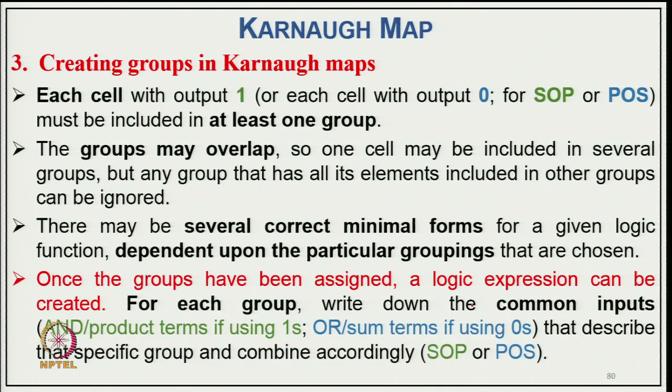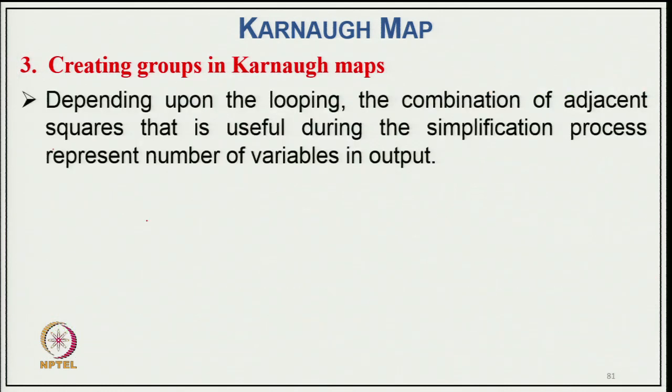Once the groups have been assigned, a logic expression can be created for each group. Write down the common inputs, as an AND product of the terms if using 1s, or a sum of the terms if using 0s, that describe the specific group, and combine accordingly as sum of products or product of sums.